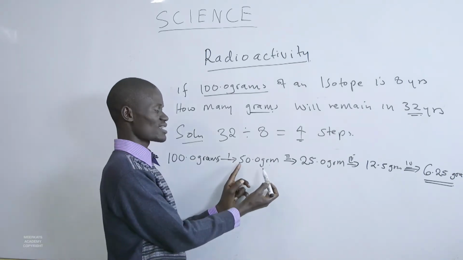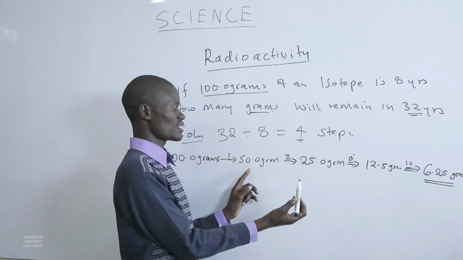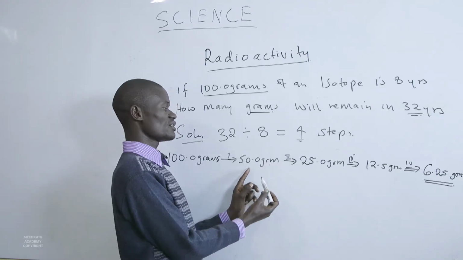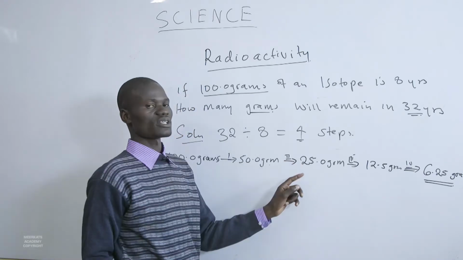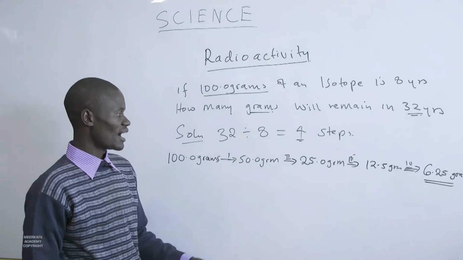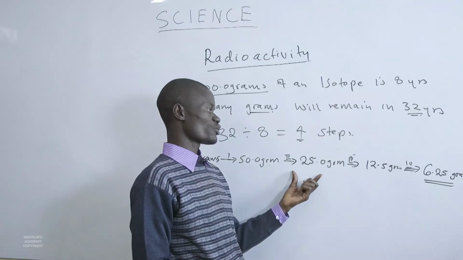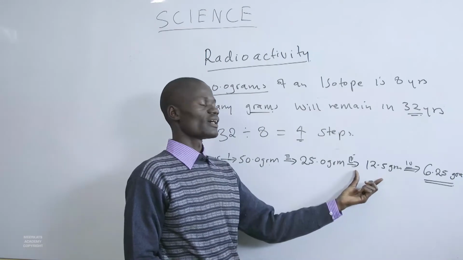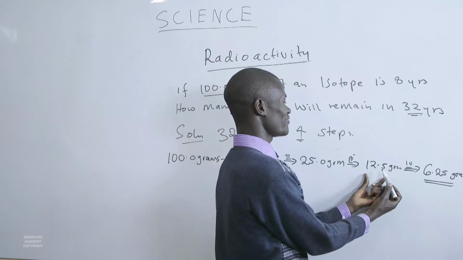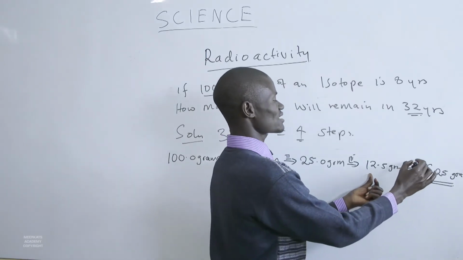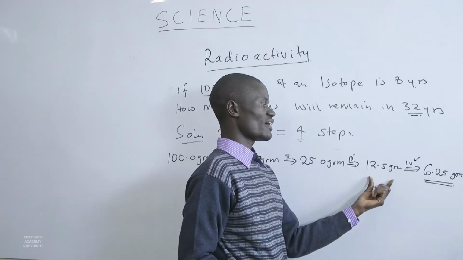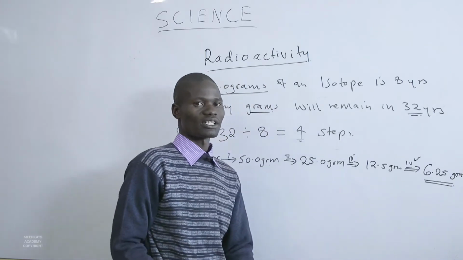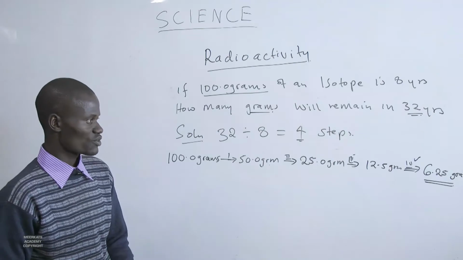Then we take 50 grams as the second step, a half-life of 50, it becomes 25 grams. After giving us 25 grams, we subject it to the third step, it will give us 12.5 grams. And lastly, the fourth step will give us a half-life of 12.5, which is 6.25 grams.